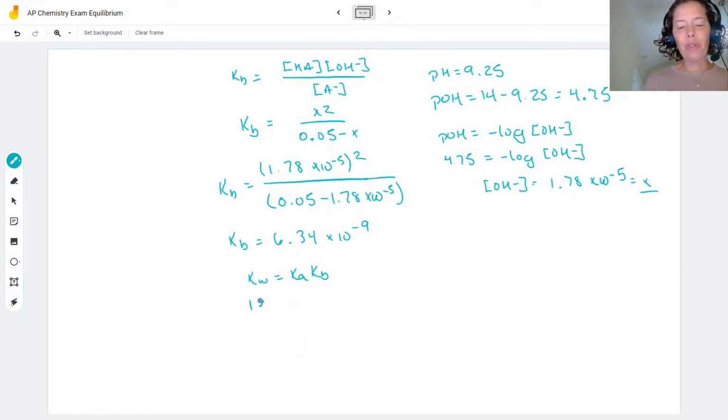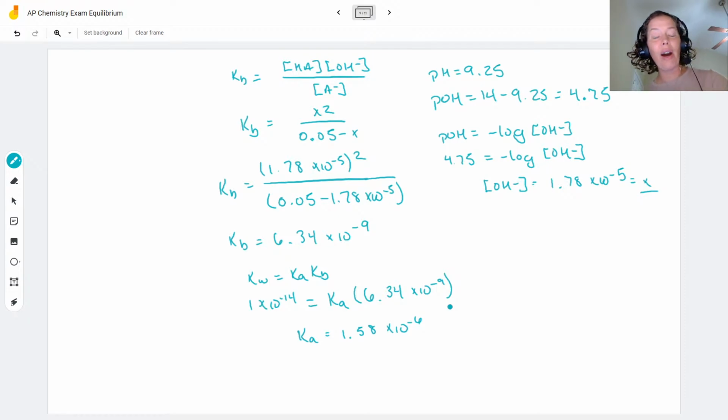So Kw, of course, is 1 times 10 to the negative 14th. We will solve for our Ka using our value of Kb that we just calculated. So here is how we get our value of Ka. Here it is: 5.8 times 10 to the negative 6. So there is your value of Ka.